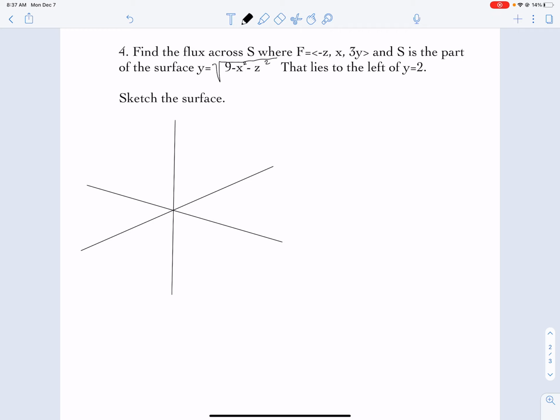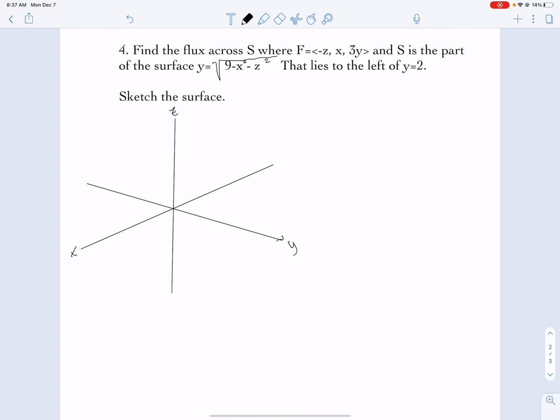So let's call this x, this y, this z, and it's the square root of 9 minus x squared minus z squared, so it's going to start here at 9, and it's only in the positive y area, so it's going to go from 9 to 0.